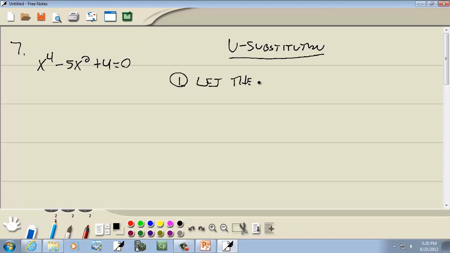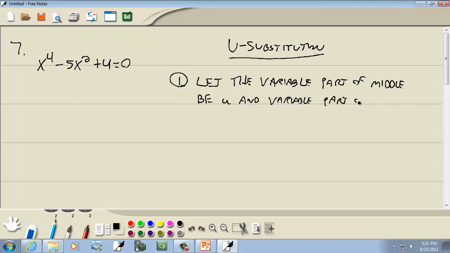Let the variable part of the middle be u, and the variable part of the first be u squared.